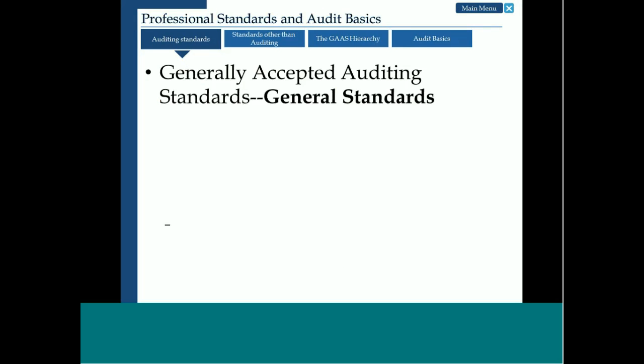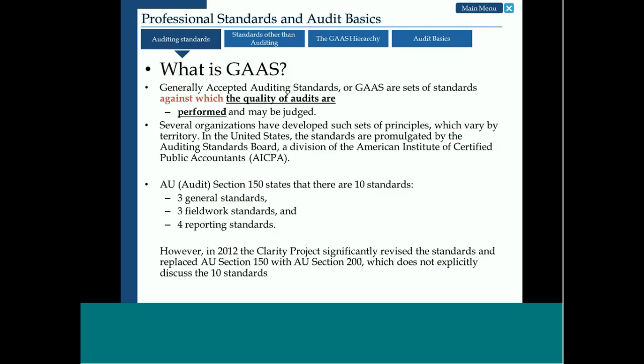So what are these standards? I said there are three standards called general standards. Let me take you back. What I'm going to talk about in the subsequent two or three slides: there were 10 principles. Let's make it very simple.